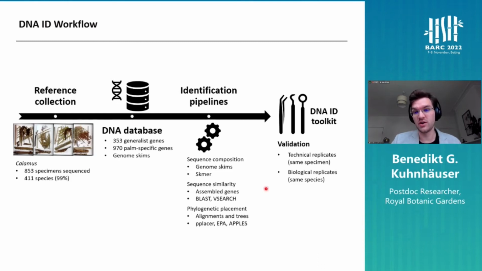Also, we have sequenced about 200 biological replicates. That means we have sequenced the same species more than 2 times. So let's say for 200 species, we have 200 samples which come on top of 2 replicates per species. That is important to check, because there might be biological variation, there might be difficulties with species boundaries, and we can really delve into this for extra validation.